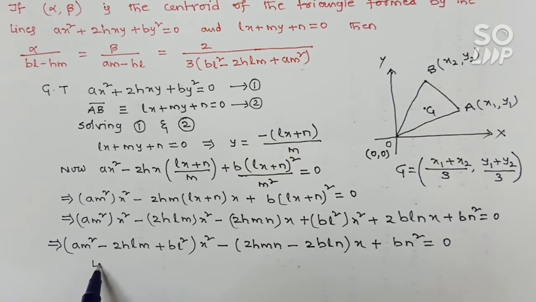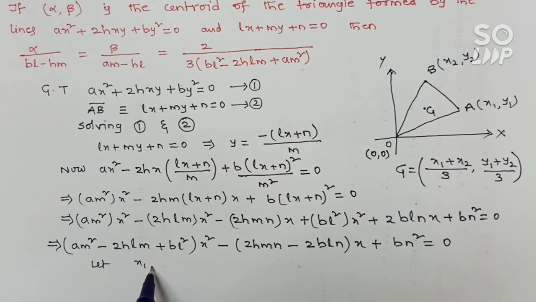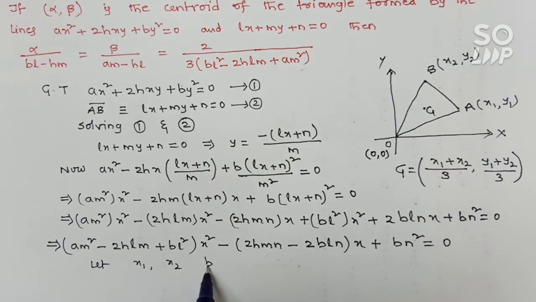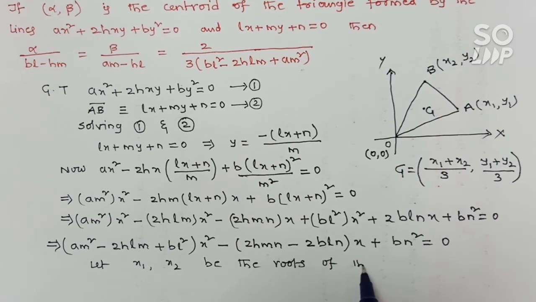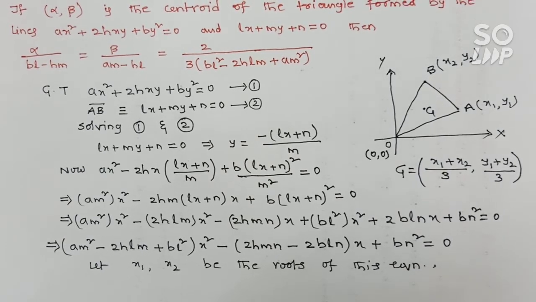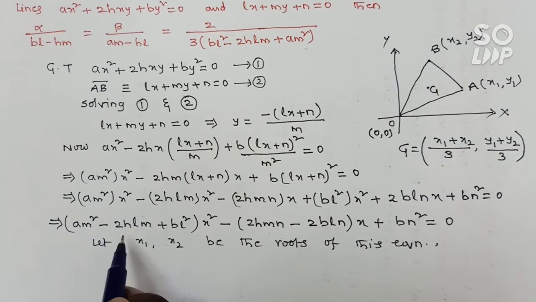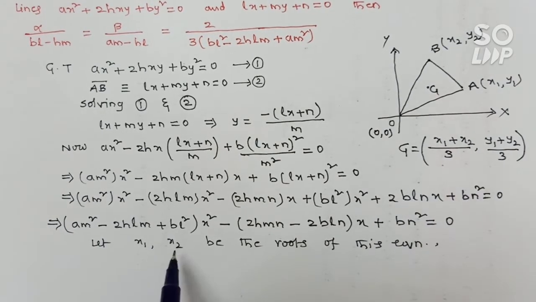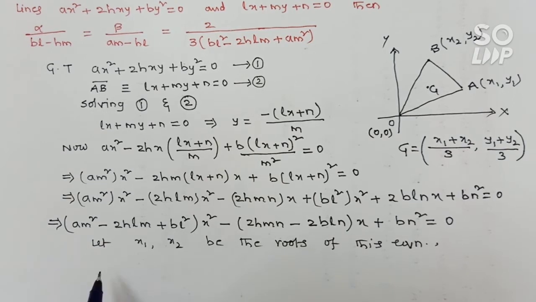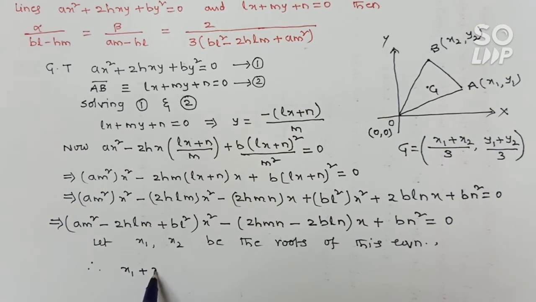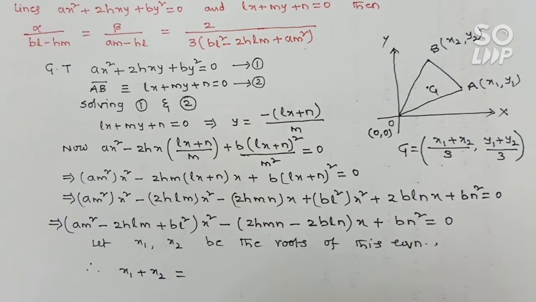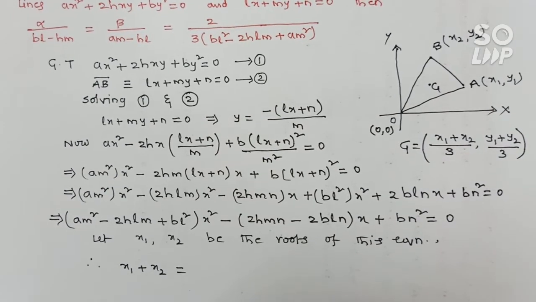So let x1 comma x2 be the roots of this equation. Now what do you say, x1 plus x2 will be the sum of the roots. Therefore x1 plus x2 equals, what is the formula for the sum of the roots?